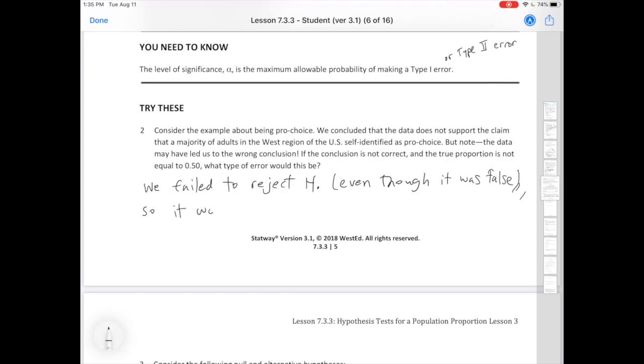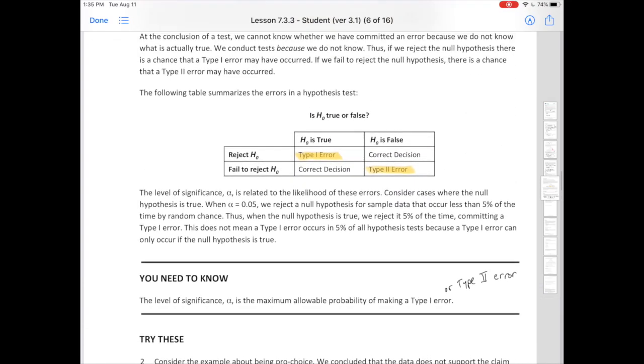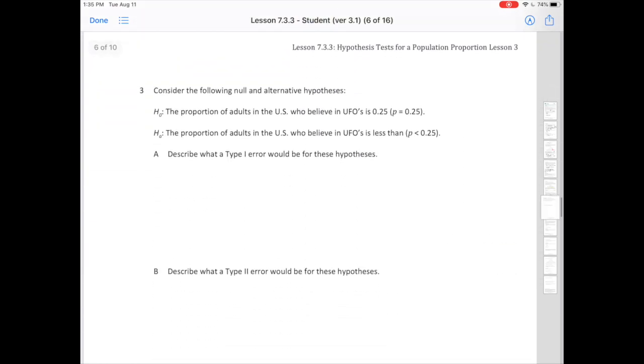So it would be a type 2 error. Right? Because we were in this category. We failed to reject the null, so we are in that row. So either we made the correct decision or we made a type 2 error. Okay.